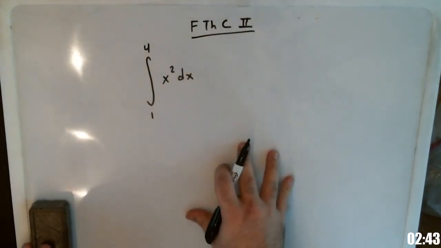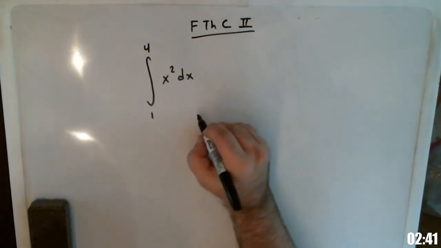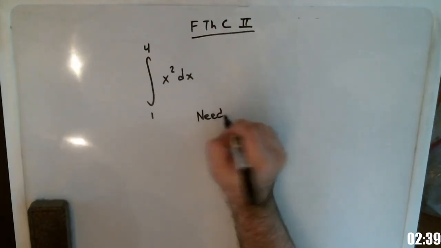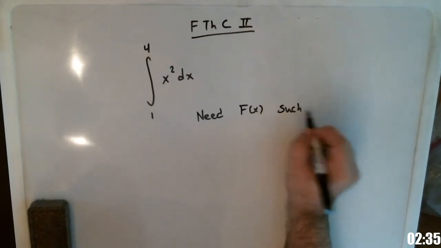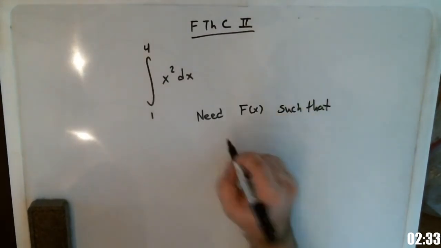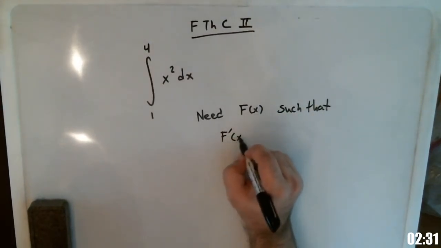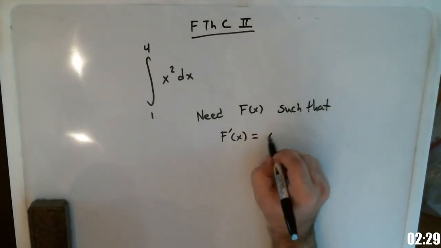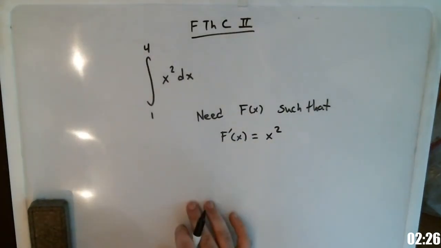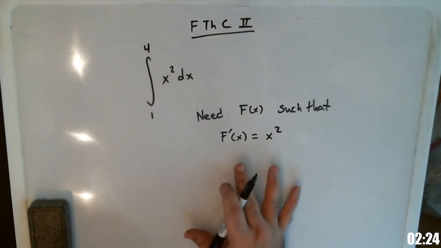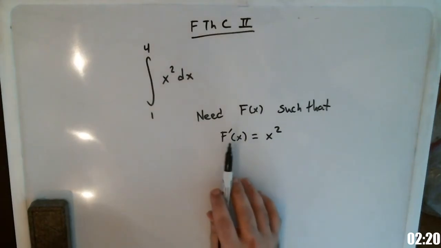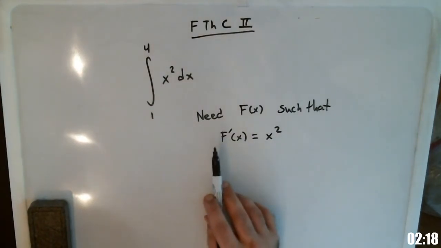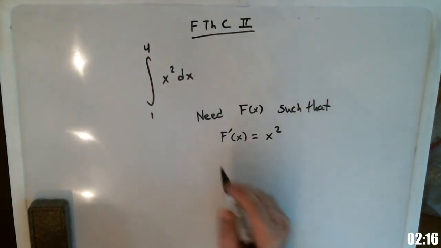What am I looking for? I need a function big F of x such that the derivative of big F of x is the same as x squared. This is the sort of backwards game we're playing here. We're going to construct rules later, but for now, let's play this game.